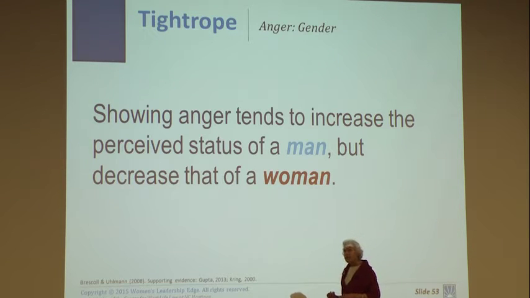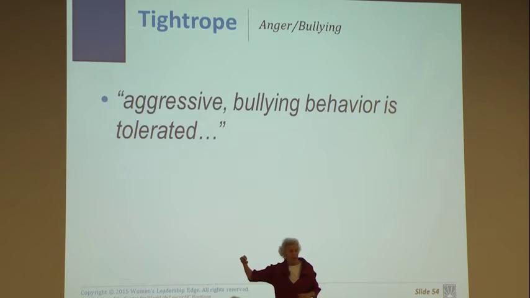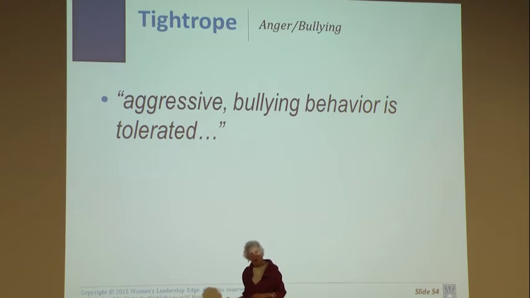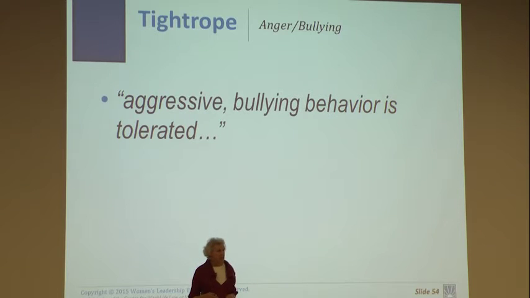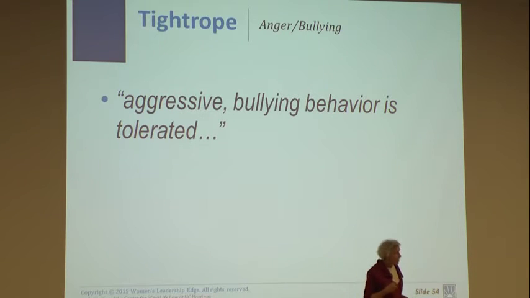Showing anger tends to increase the perceived status of a man, but decrease the perceived status of a woman. So if aggressive bullying behavior is tolerated, then there's a certain demography to that, because you can bet your boots that it's not going to be accepted from women, and it's going to have a profound effect, of course, on workplace climate for everybody.